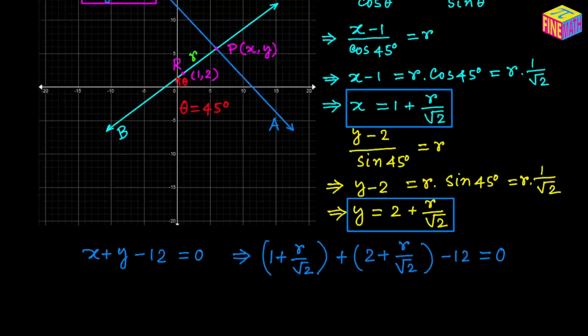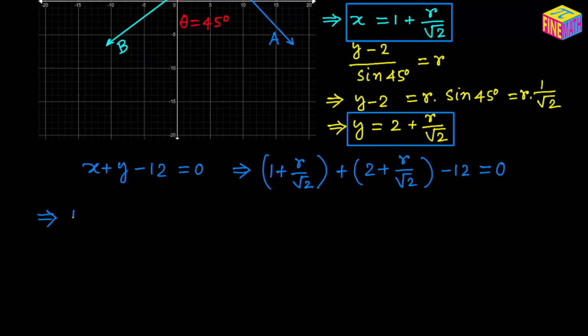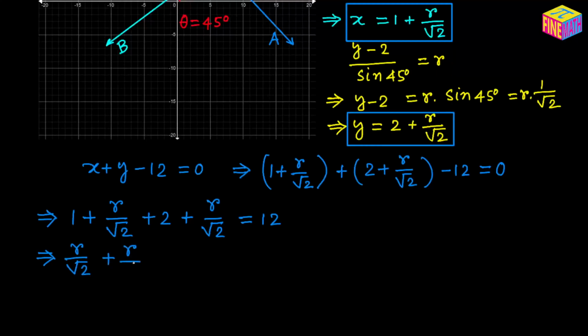And from here what do we get? If we remove the parentheses, this is 1 plus r over square root of 2 plus 2 plus r over square root of 2 is equal to 12. If we keep the r terms on the left hand side, it would be r over square root of 2 and another r over square root of 2 is equal to 12 minus 1 minus 2, and that is equal to 12 minus 3, that is 9.